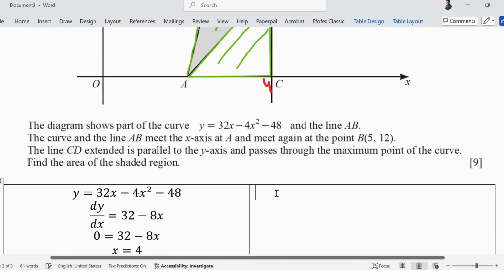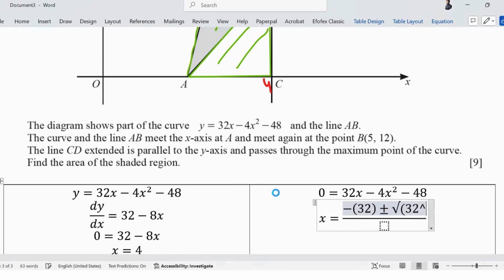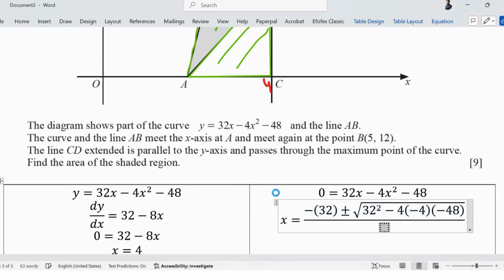A is the x-intercept. So I can simply put y as 0: 32x - 4x² - 48 = 0. You can use the quadratic formula because this is paper 2: x = (-b ± √(b² - 4ac)) / 2a. Here b is 32, a is negative 4, c is negative 48.